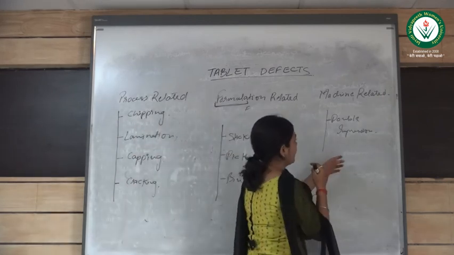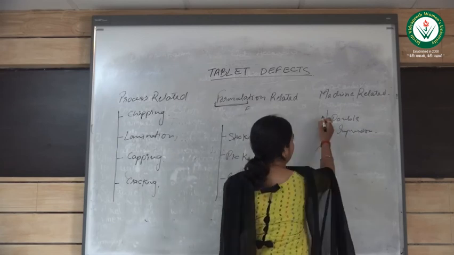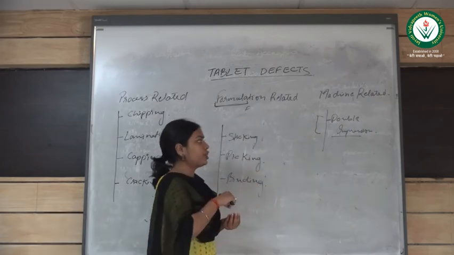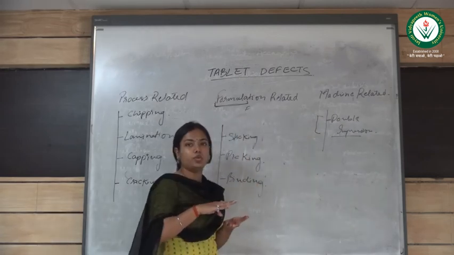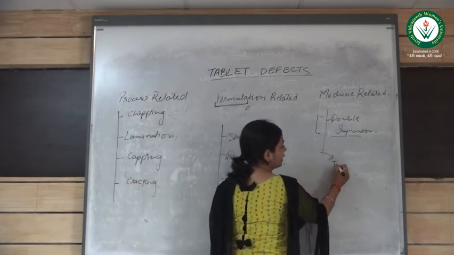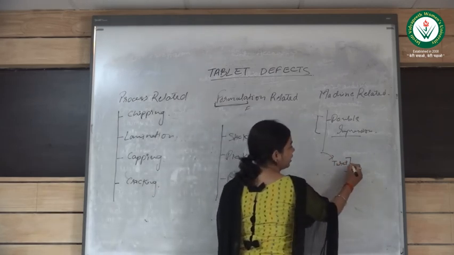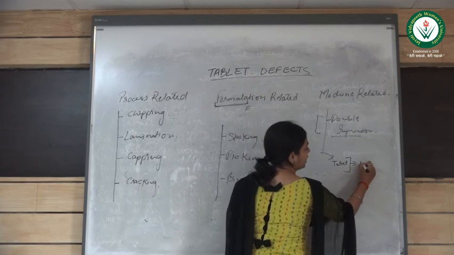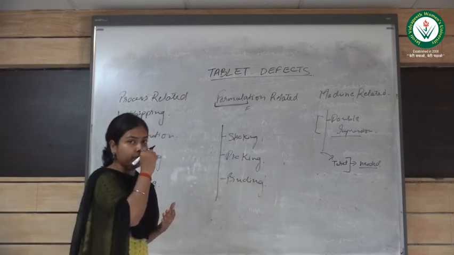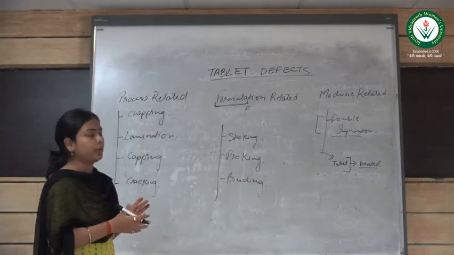This particular defect, double impression, might be because of the impression engraved on the upper or the lower punch, which needs to be looked at to troubleshoot so as to avoid this particular defect.